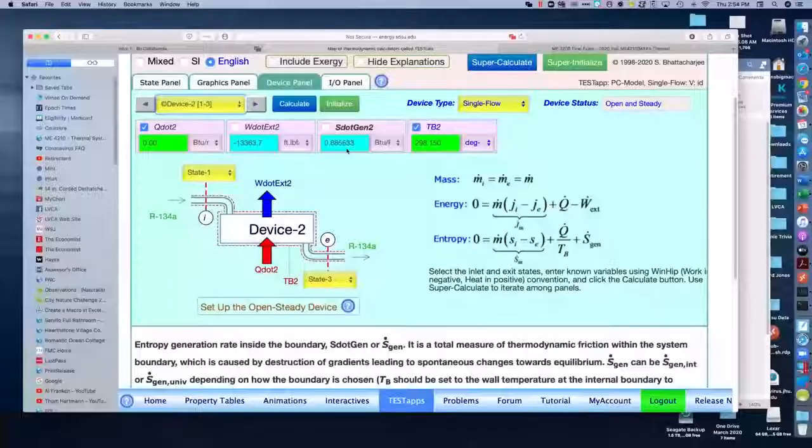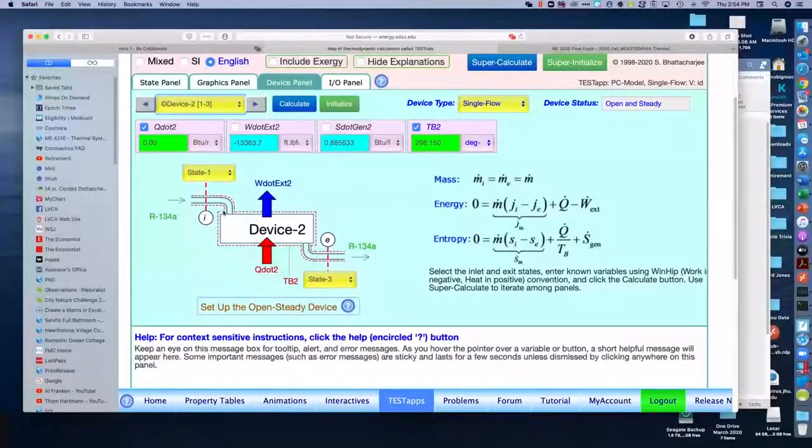Had I gone back to the device panel, I only generated the device panel for the isentropic condition. I could, if I wanted to, set up another device, and have that device being the actual compression going from state 1 to state 2. Again, no heat transfer. And in this particular case, I would then have a higher value of work, and it would be this work that I would then divide this work by to get that isentropic efficiency.